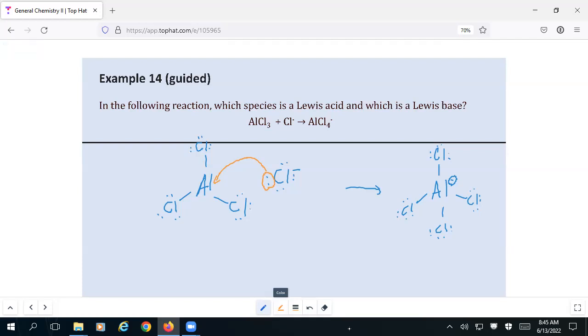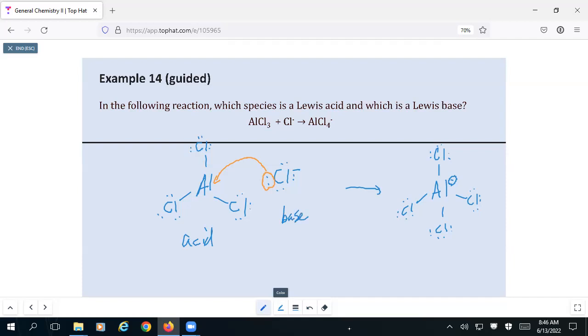And that donation of that electron pair is what forms that fourth bond. So in this schematic, here is our acid, the aluminum chloride. Here is our base, the chloride ion.